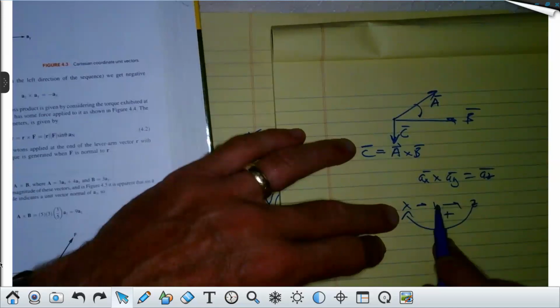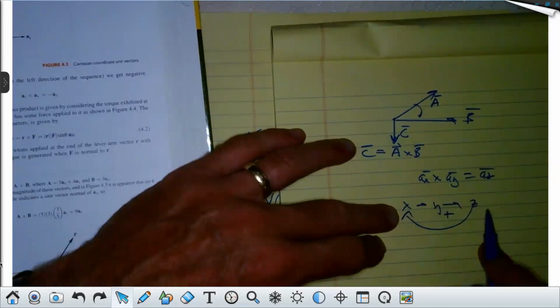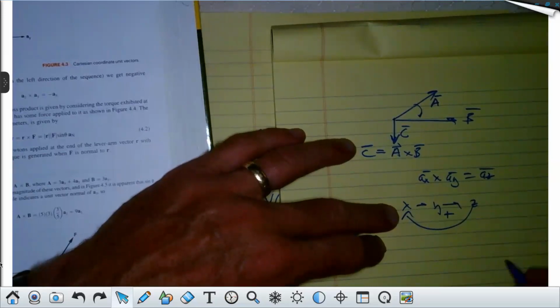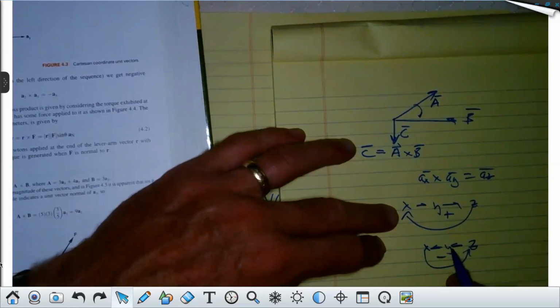For instance, Y cross Z will be X, Z cross X will be Y, and X cross Y will be Z. So this is for positive. Now you do it backwards. You put Z, Y, and X, and you draw it this way, and it's negative. So if you have Z crossed Y, you get minus A_x, Y crossed X, you get minus A_z, and X cross Z, you get minus A_y.